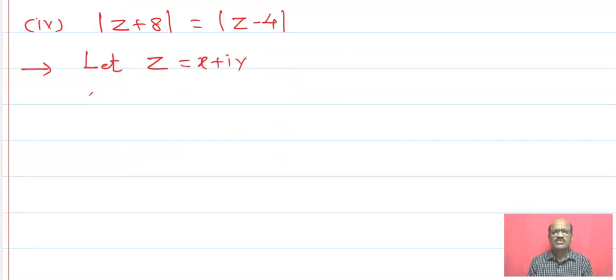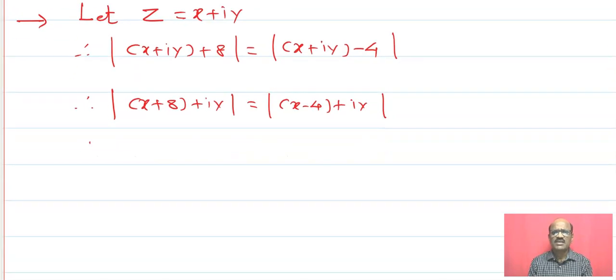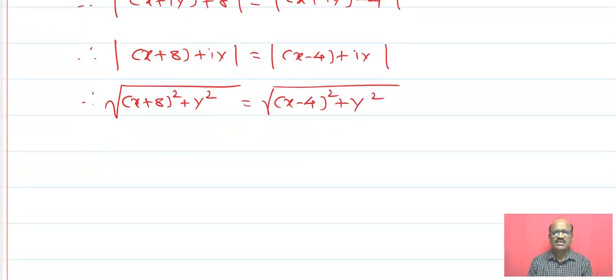Now next, mod of z plus 8 is equal to mod of z minus 4, again z is equal to x plus iy. Very simple questions. Now 8 is a real part and 4 is also a real part on the right hand side, therefore x plus 8 plus iy equals x minus 4 plus iy. Take their modulus, that is under root of x plus 8 bracket square plus y square is equal to root of x minus 4 bracket square plus y square.